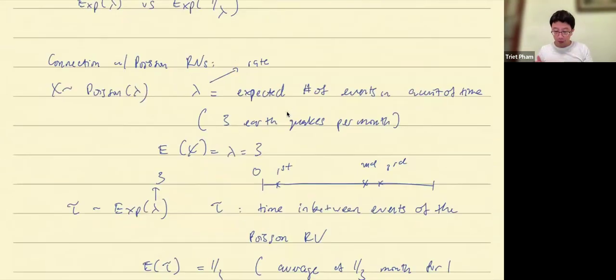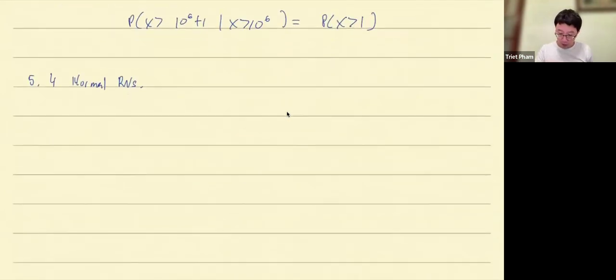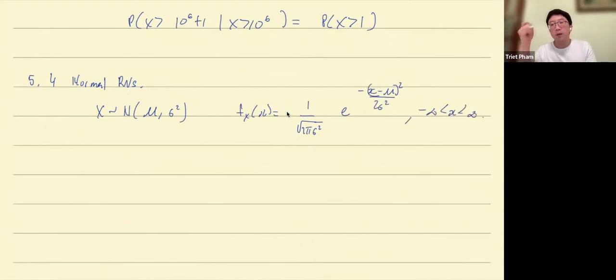Anyway, now with the normal random variable, the normal has two parameters, mu and sigma squared. The density is 1 over the square root of 2 pi sigma squared, the square root going all the way out, times e to the minus (x minus mu) squared over 2 sigma squared, for x everywhere.